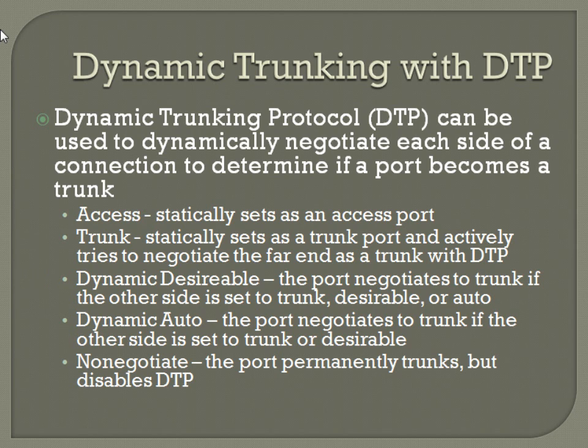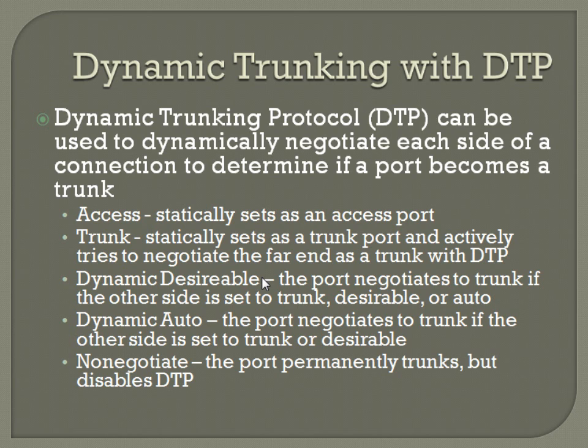You could also set it just statically as trunk. This statically sets it as a trunk port and actively tries to negotiate the far end as a trunk with DTP. So it basically says, on the side you configure this, I am definitely a trunk. No one's going to be able to convince me otherwise, and I'm going to actively take action to try to make the other side also negotiate itself as a trunk.